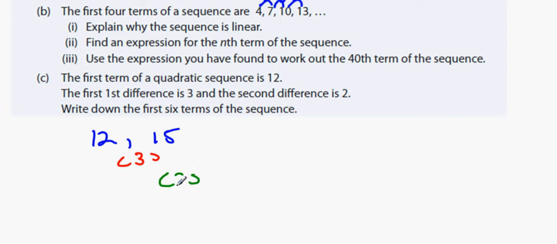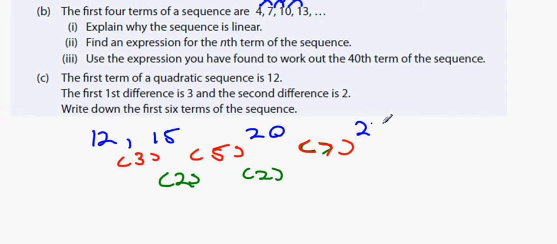This means that the next difference up has to go up by 5, and this turns it into 20. Okay, and the next difference after that should be 7. And it'll turn this one into 27. The next difference after that should be 9. And it'll turn it into 36.